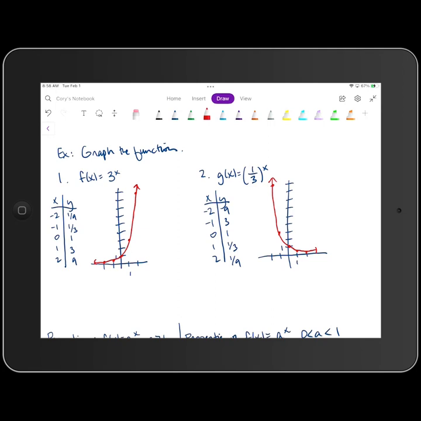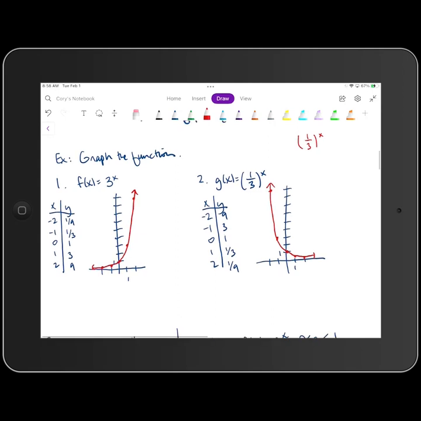When we compare those two graphs, it looks like f and g are y-axis reflections of one another. That is the case because if we think about 1/3 raised to the x power, I can rewrite 1/3 as 3 to the -1 power raised to the x power.